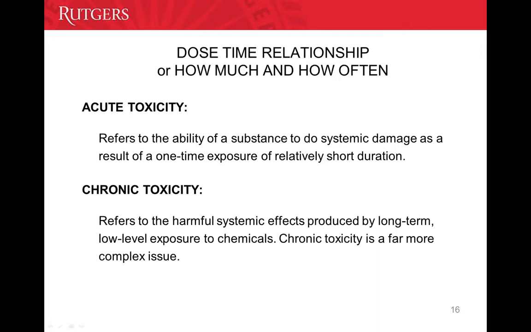So in toxicology, we pretty much do a dose-time relationship, which can more easily be described as how much and how often. And the 2 terms that we need to remember for our exam, of course, are acute toxicity and chronic toxicity. And acute, remember, refers to the ability of a substance to do systemic damage from a one-time, relatively short exposure.